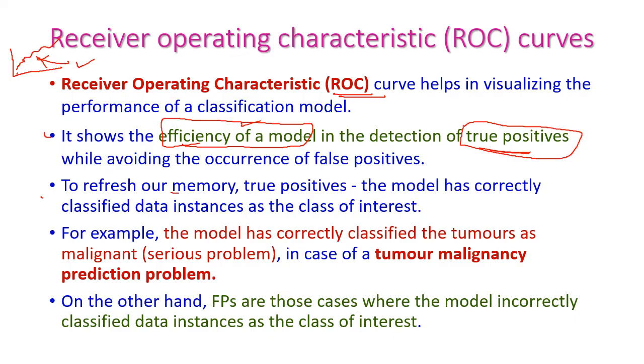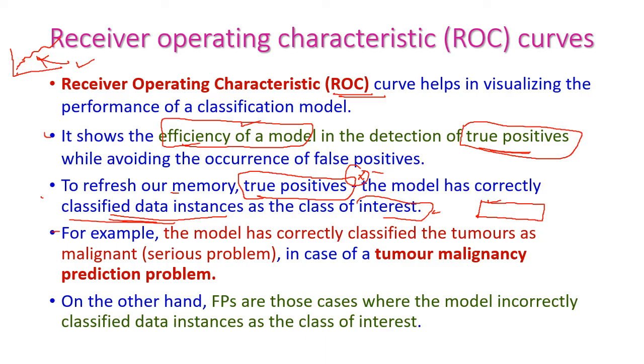Let us refresh our memory with true positives. This is important here because the model has correctly classified the data instance as the class of interest, right? That is how many true positives there are in a model.